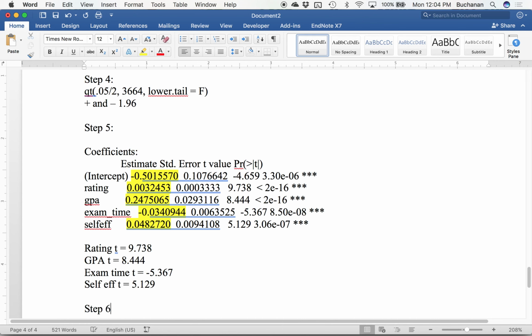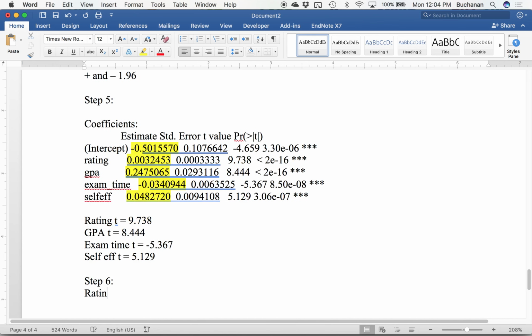Step 6 would be interpretation. So for rating, is that bigger than 1.96? Yes. Rating predicts scores. GPA also bigger than, oh, I wouldn't say yes, I would say reject. Sorry, keep consistent here. GPA also predicts scores.